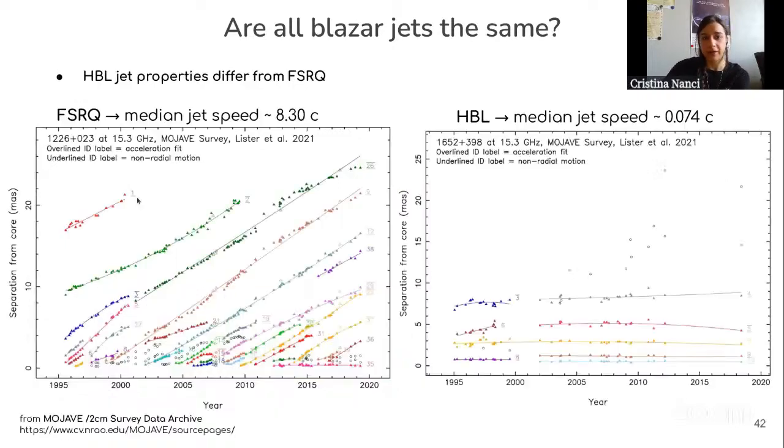And we can also check in the large archive of the MOJAVE program, in which we have the monitoring of hundreds of sources for about 30 years.